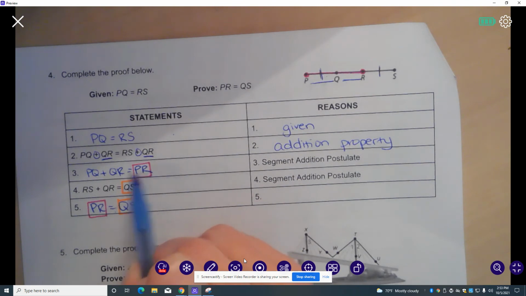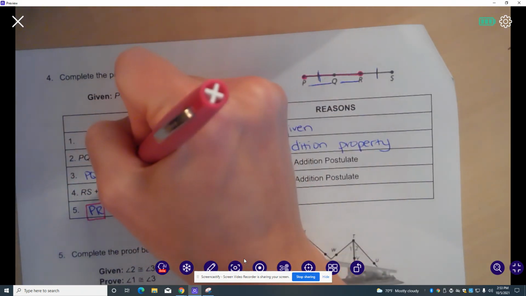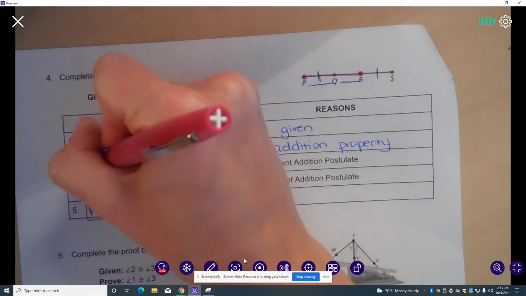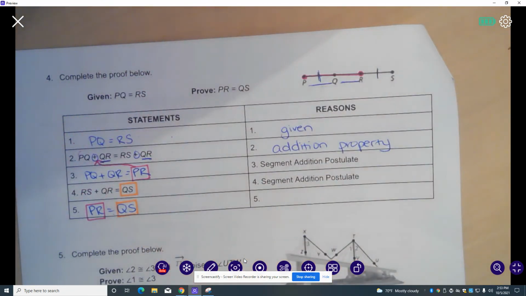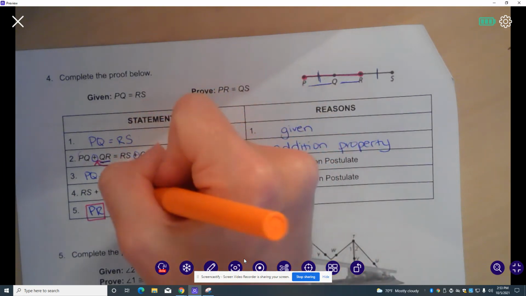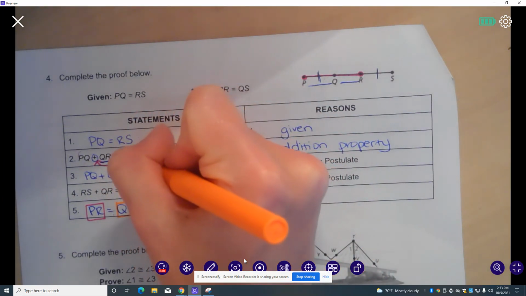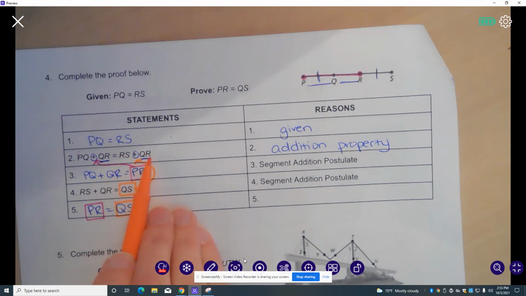Well, if PR is equal to PQ plus QR, it would be okay if I took PR and plugged it in for PQ plus QR. And since QS is equal to RS plus QR, it would be okay if I plugged QS in for RS plus QR.